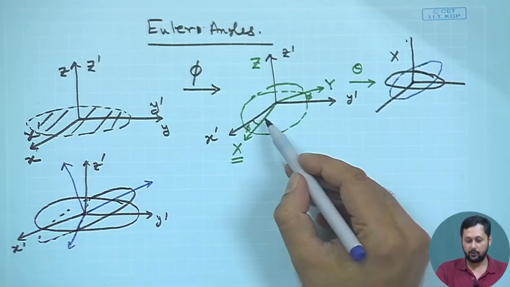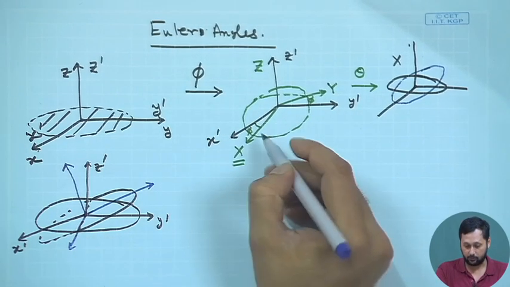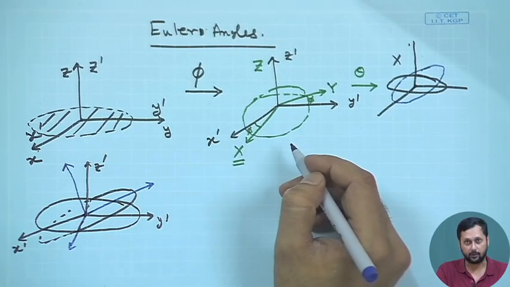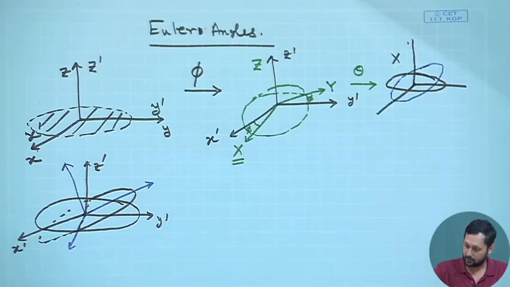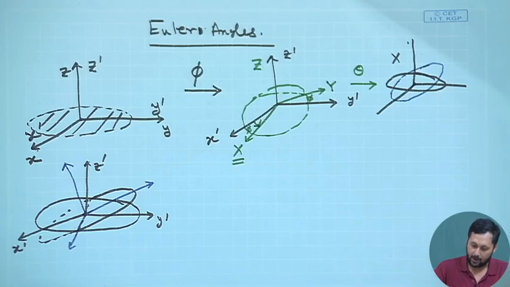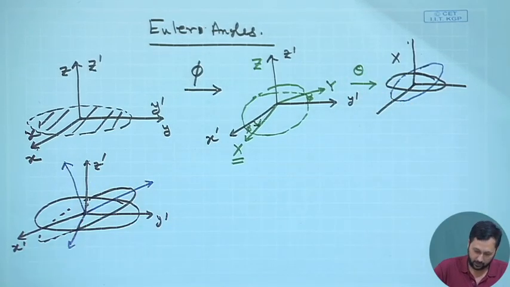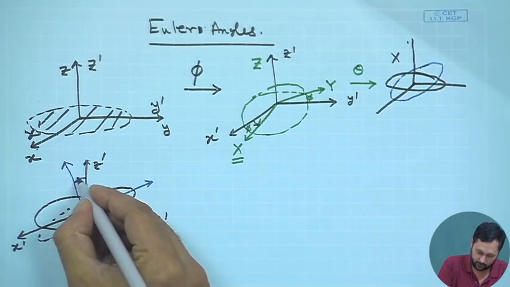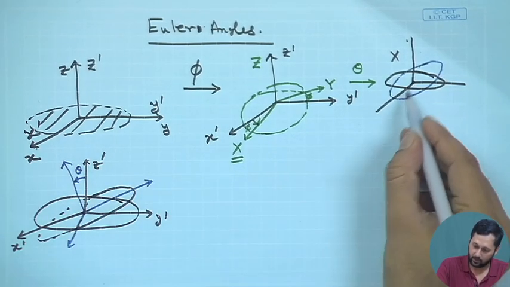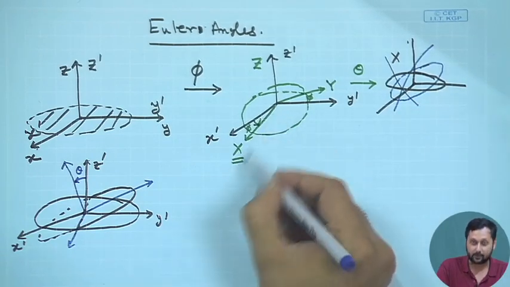So initially we rotated this axis system, and all these rotations are in anti-clockwise direction. So the rotation direction was this. And next we rotated it by theta, along this new x axis.